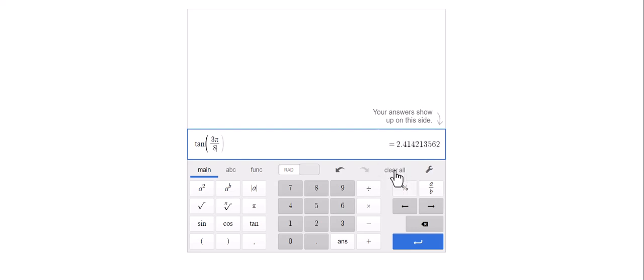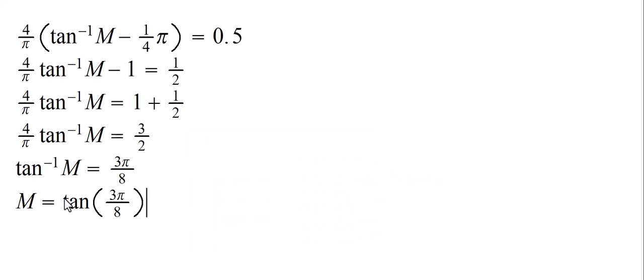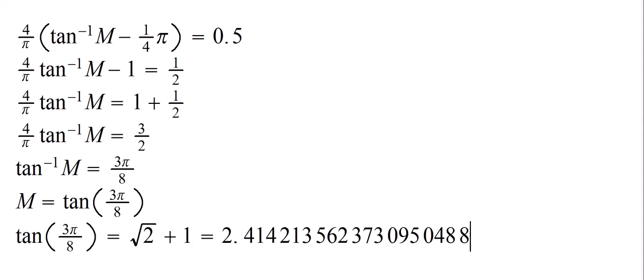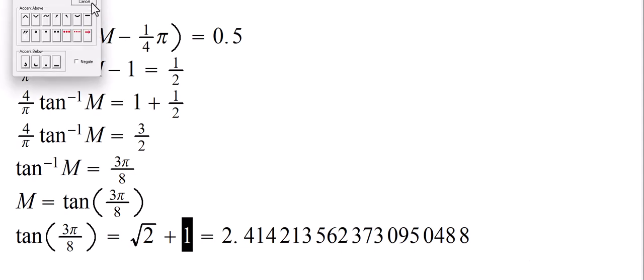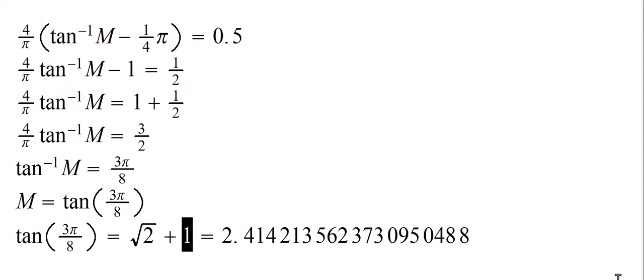It gives us the value 2.4142. Or if you would like, you may play with your trig identities, the half angle formulas and difference of angles formulas for tangent, and you can find the exact value whichever way you please. So this is the approximate value, and this is the exact value for the median of that distribution.